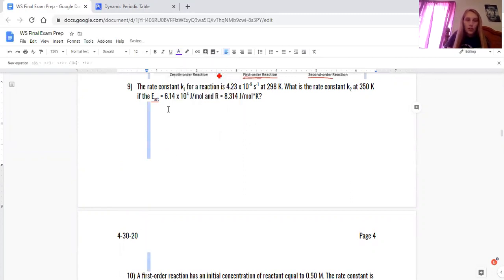Okay, so our equation is going to be K equals A times E to the negative energy of activation over RT.